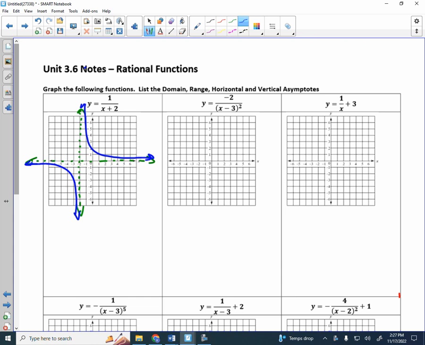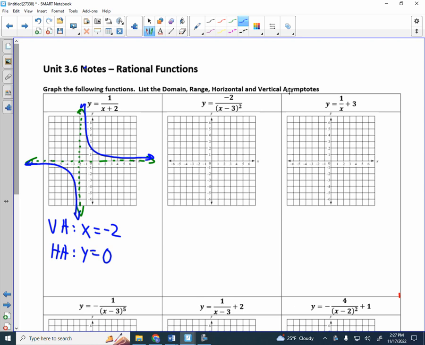Okay. So what I'm going to do is, the directions say to also identify the domain and the range. I don't care about the domain and the range, but I am going to identify the vertical asymptote and the horizontal asymptote. And you can see that the horizontal asymptote is y is equal to 0. And the vertical asymptote is x equals -2.